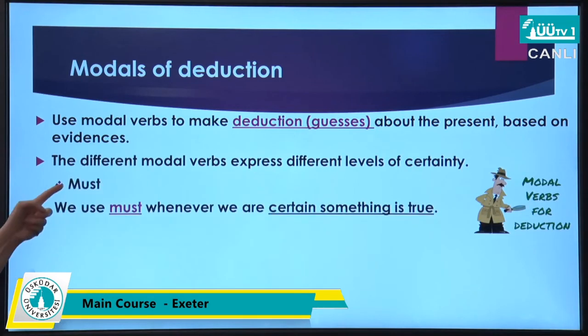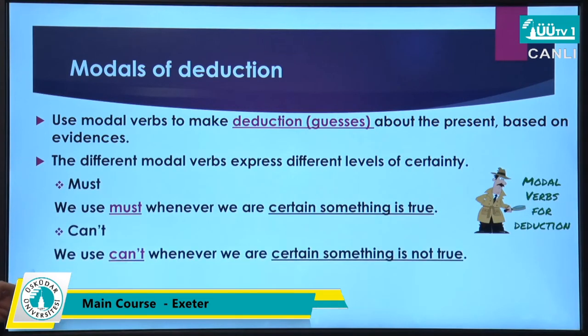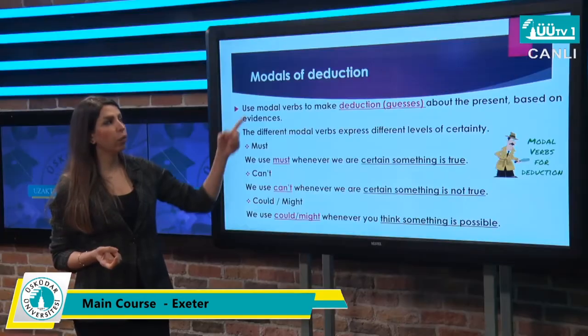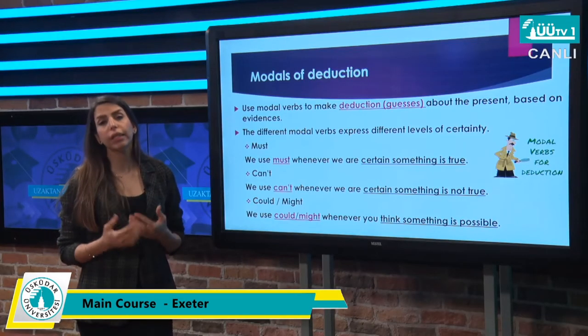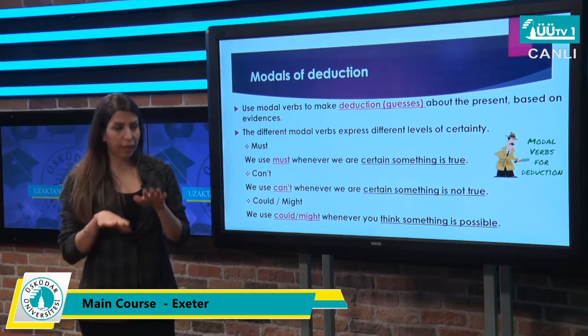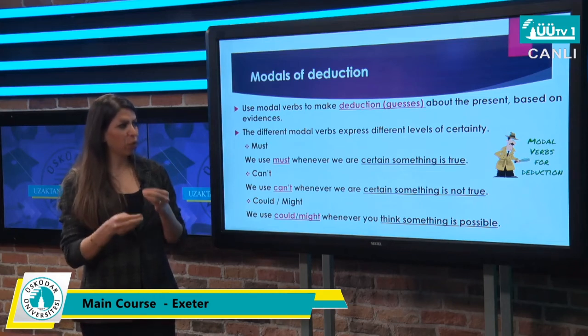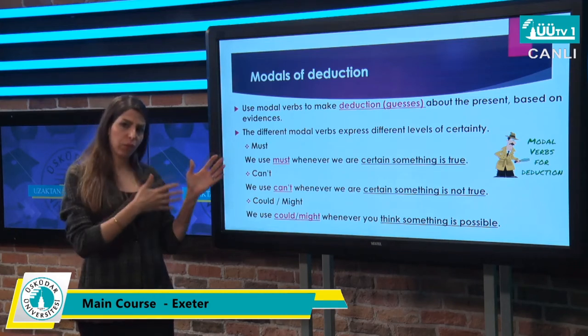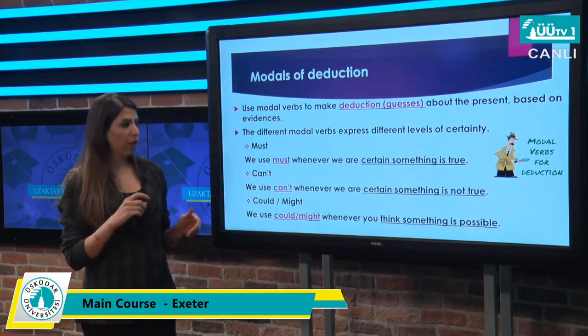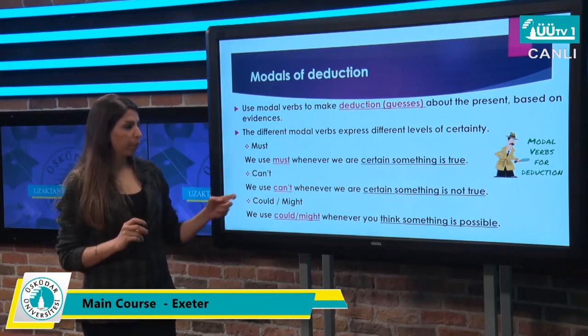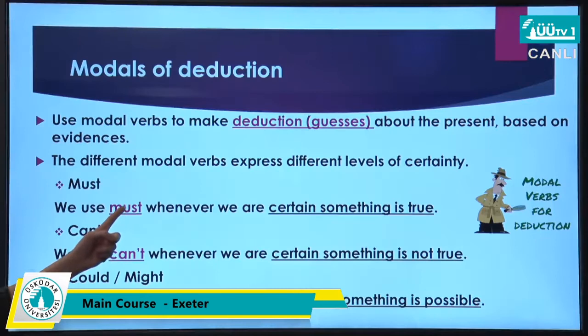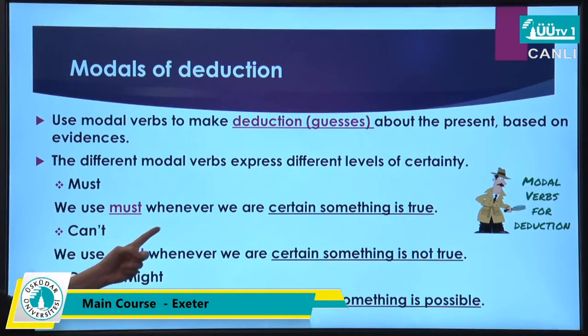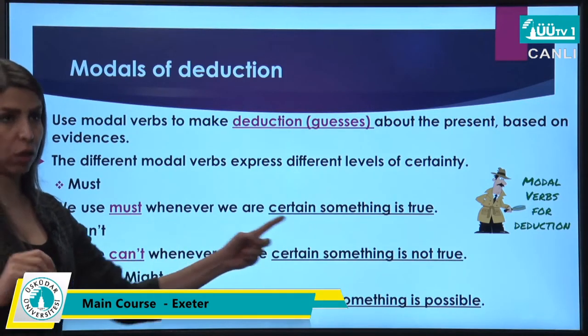Actually, we can use must, can't, and could or might whenever we want to talk about deduction. But whenever we want to express different levels, we use different modals. I will explain them one by one. We use must whenever you are certain about something which is true.